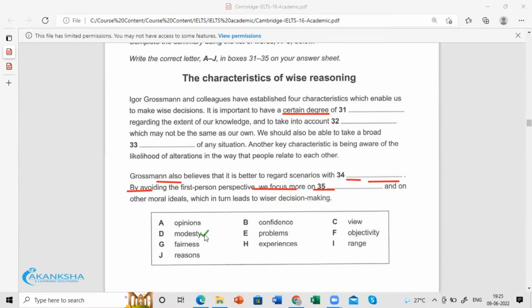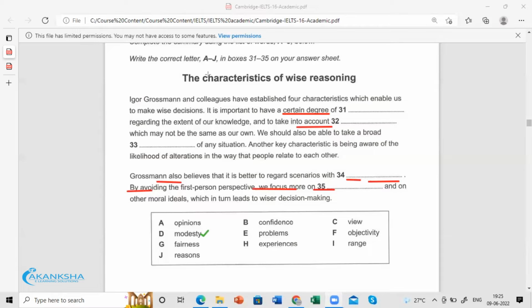Modesty means intellectual humility means modesty, right? That is a certain degree of humility regarding the extent of our knowledge. That is in fact what we need. So I hope 31 is clear to everybody.